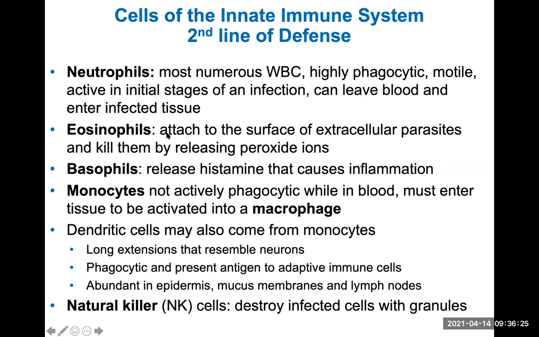Eosinophils are most active when there's an extracellular parasite, which is too big to be eaten by a phagocyte. So eosinophils will attach to the surface of the parasite and release or throw all these granules at it, including peroxide ions, to try to kill it that way.